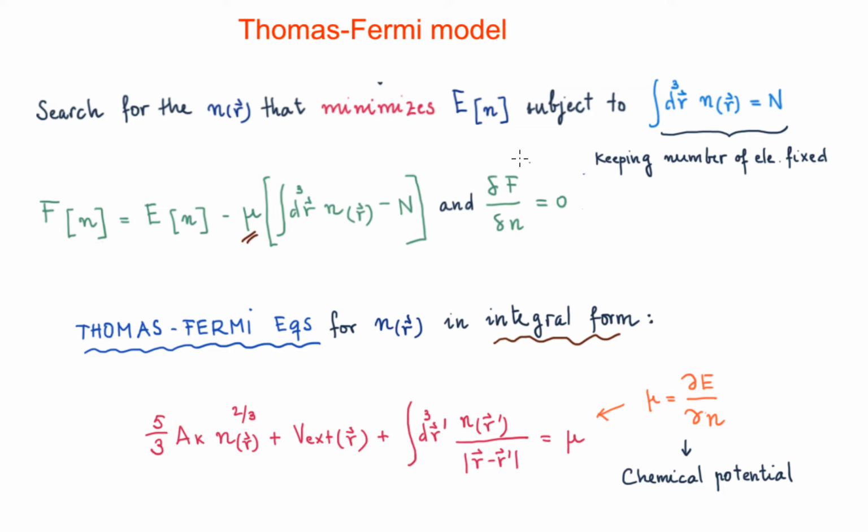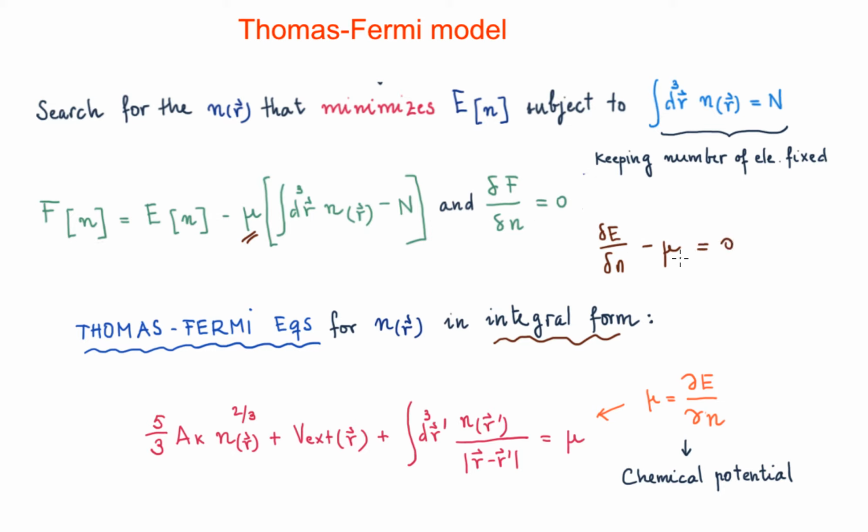And for that, considering that the functional F has two terms, the energy and this term here, the functional derivative of F with respect to n has to be 0. As F has two terms, we can write it in this way: the functional derivative of E with respect to n minus mu times the functional derivative of n, which is just equal to 1.